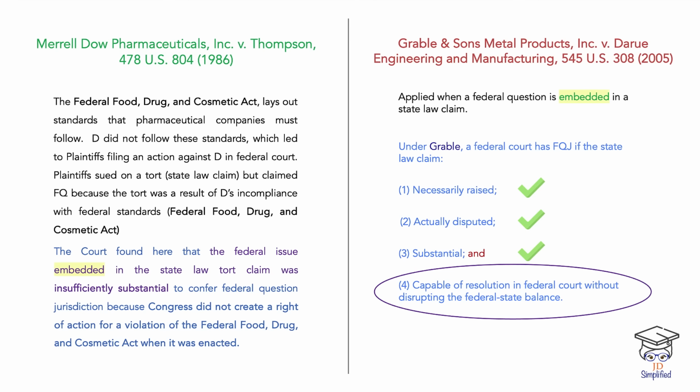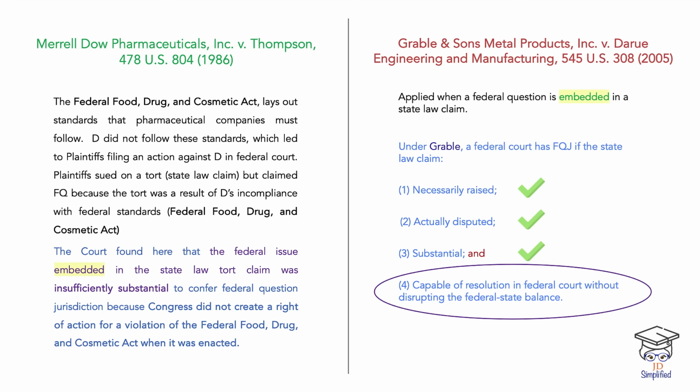Not for private citizens to be suing under every violation. If you add to that fact that the cause of action itself is a state law claim, a tort, negligence, which is probably the most common tort, it would absolutely, totally disrupt the balance between federal and state judicial responsibilities.